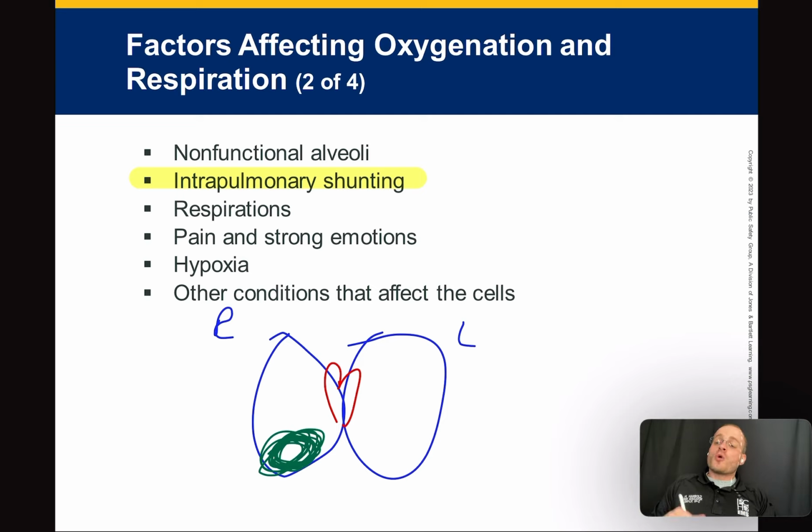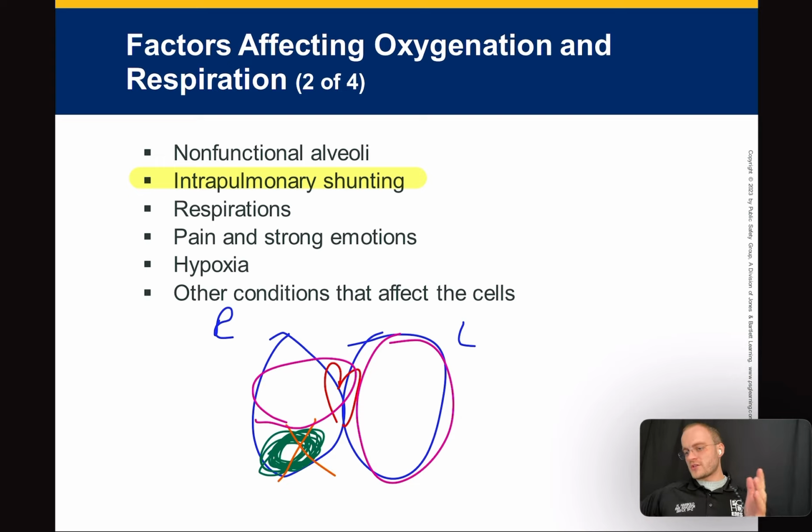And so what happens is it shunts, as in it moves blood away from part of the right lung being perfused. It'll just shut off this part of the lung and say, don't waste your blood down here because you're not going to get anything out of this area, or you're not going to get enough. So it'll just perfuse these two areas of the lungs. That's intrapulmonary shunting, and how this happens is through pulmonary vasoconstriction.